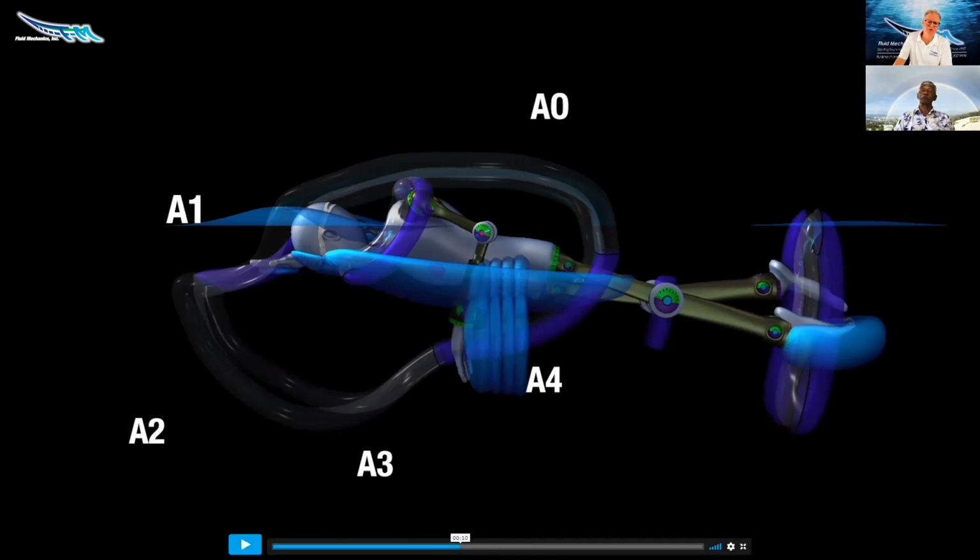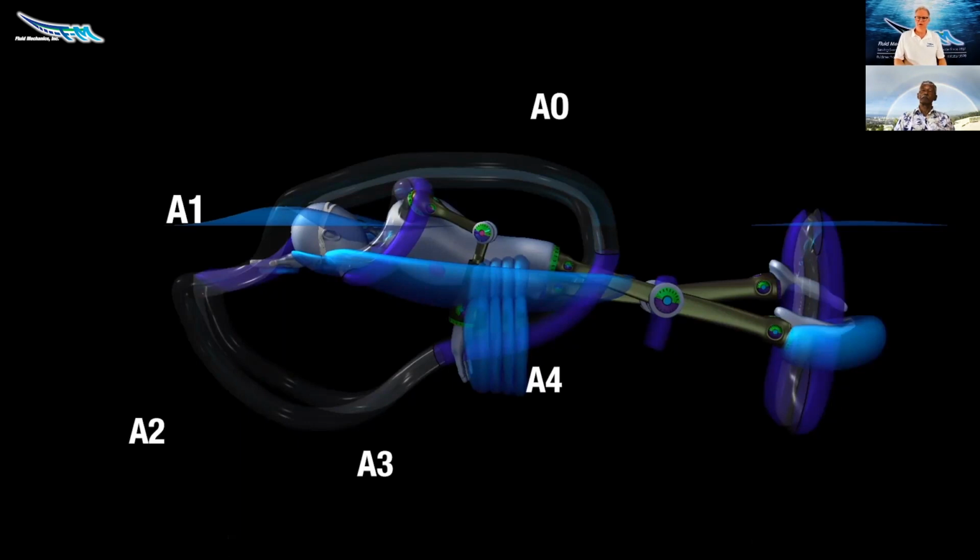So when we see this area here, Jan, what's happening in A3? Because we noticed in A3 and in A4, if I'm right, when we're looking at your charts, there's a massive increase in the velocity of the hips moving forward.